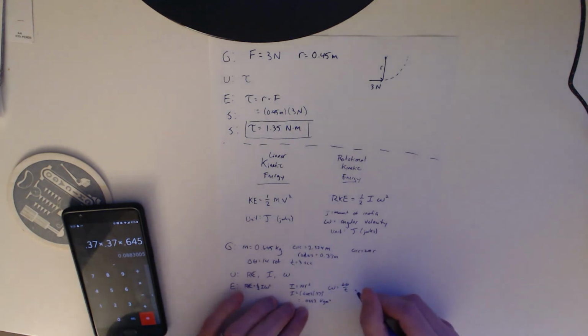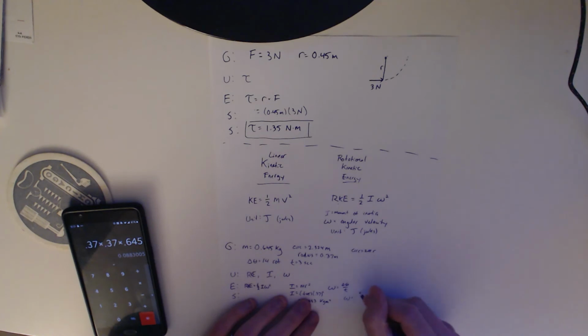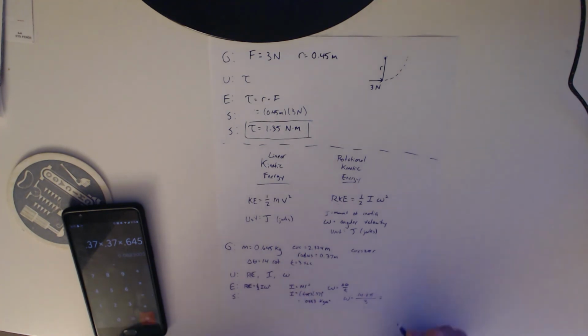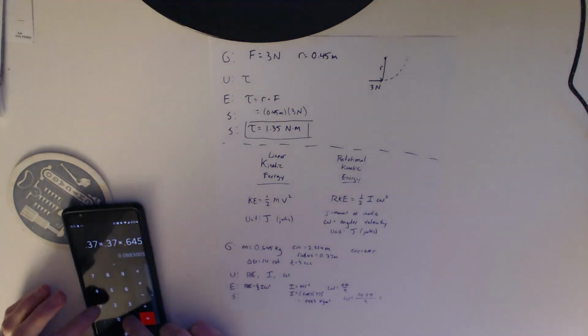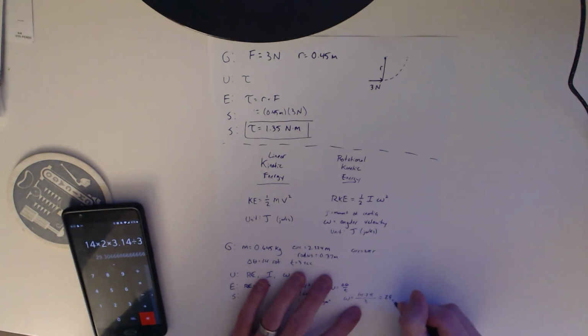Omega, then we have to remember if there are 14 rotations, we're going to say that is 14 times 2 pi, because there's 2 pi radians in every rotation, over 3 seconds, which is 29.3 radians per second.